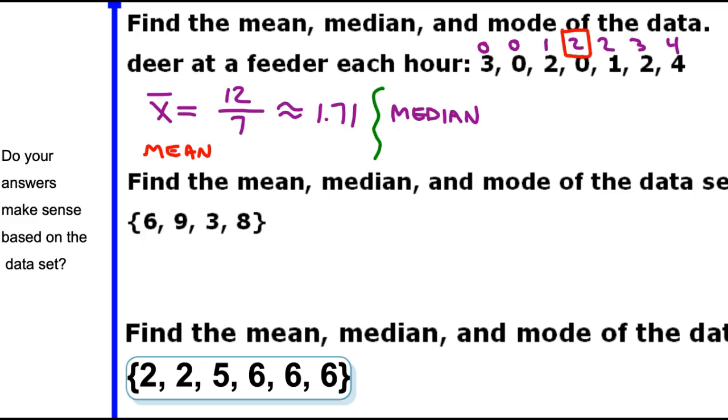That's 2. Maybe in middle school you might remember doing this: you want to find the median, cross this one off, cross that one off, and yay, there's the middle one. That might be kind of fun for you guys to go back and do. So 2 is the median.